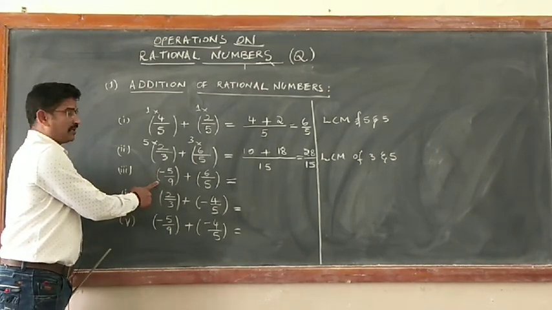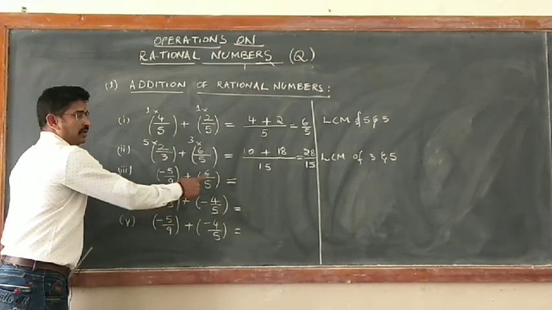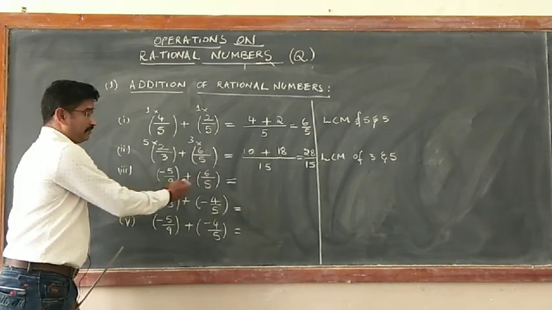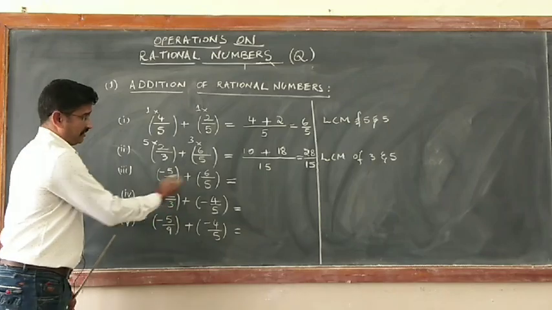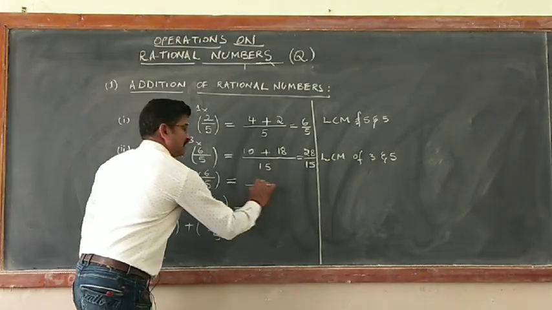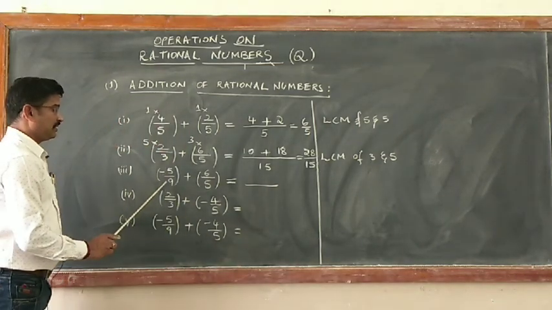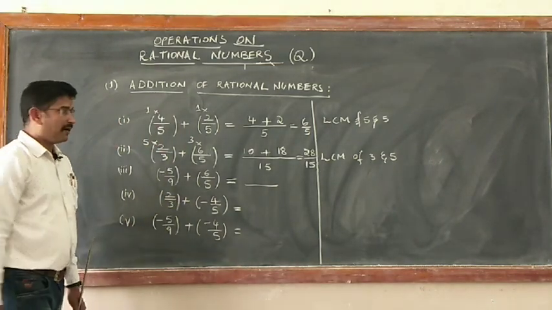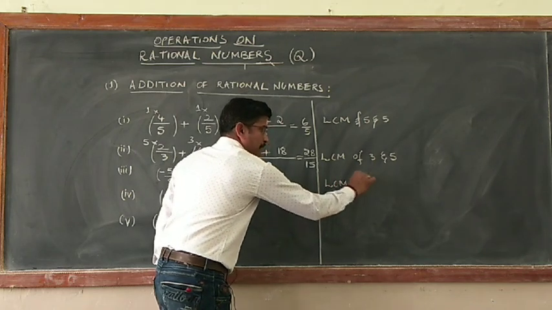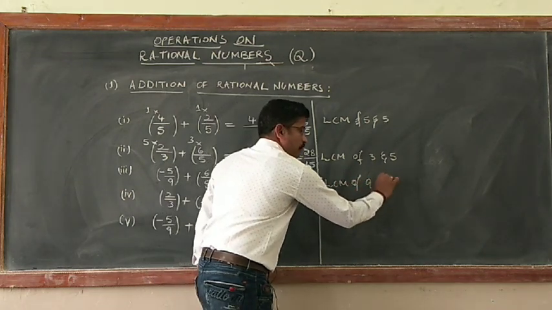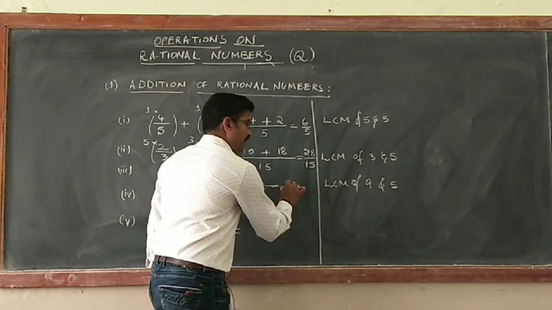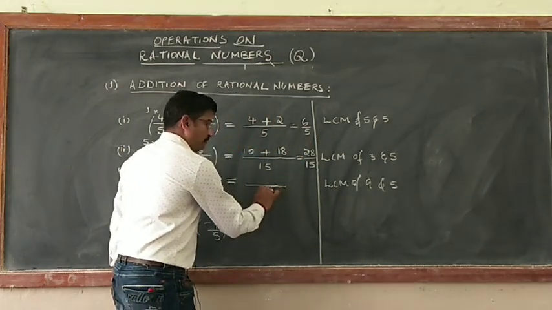Next, in third example, I gave you one negative rational number added to another positive rational number with the different denominators. You know how to find LCM of both 9 and 5. LCM of 9 and 5 is 45.